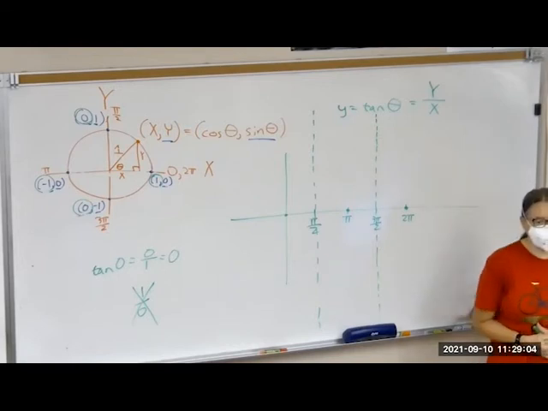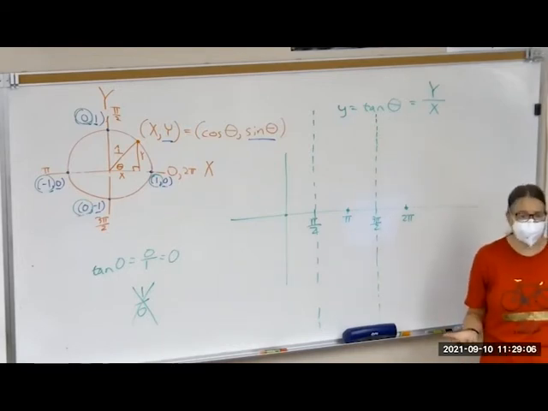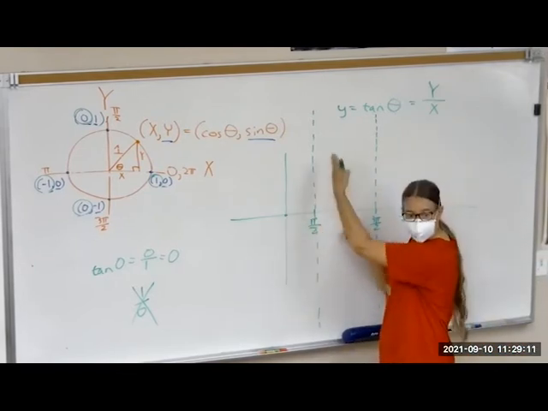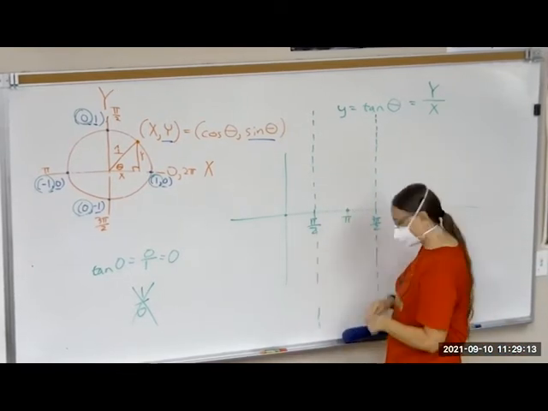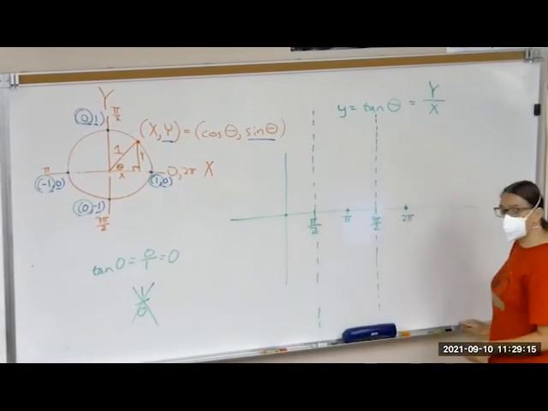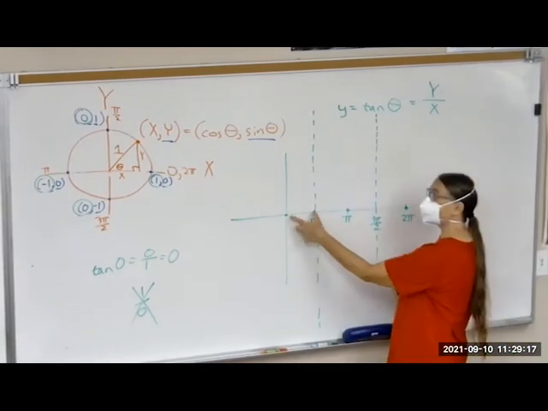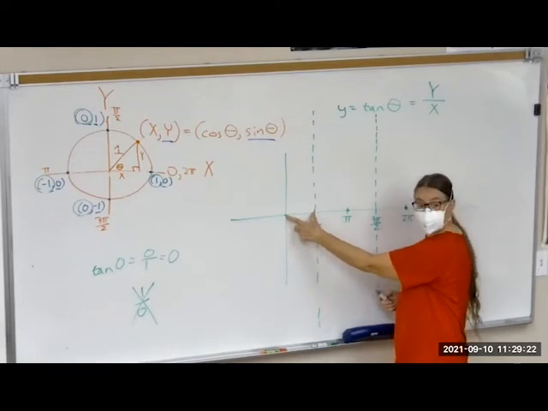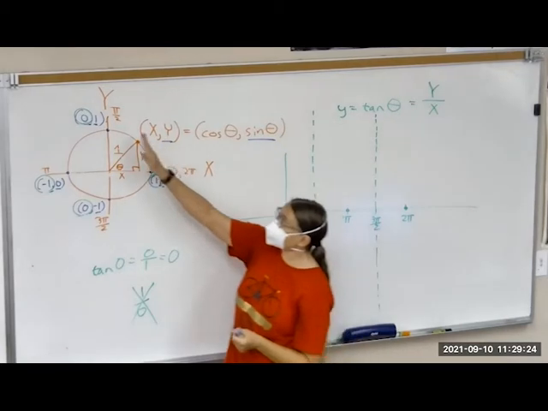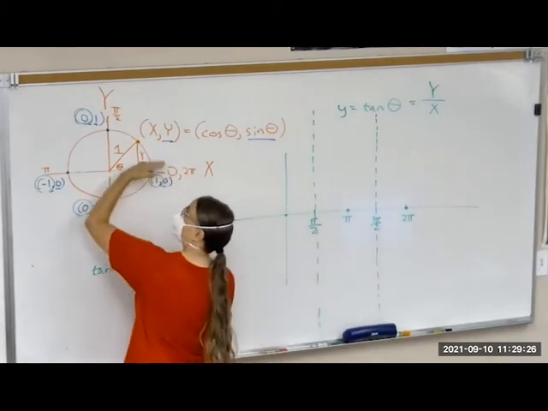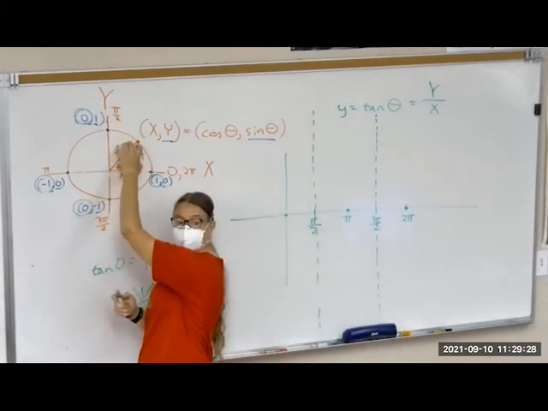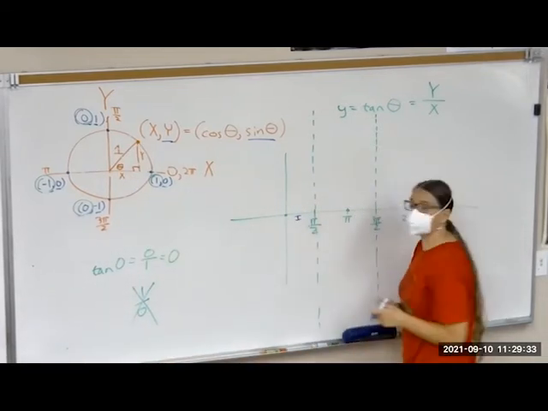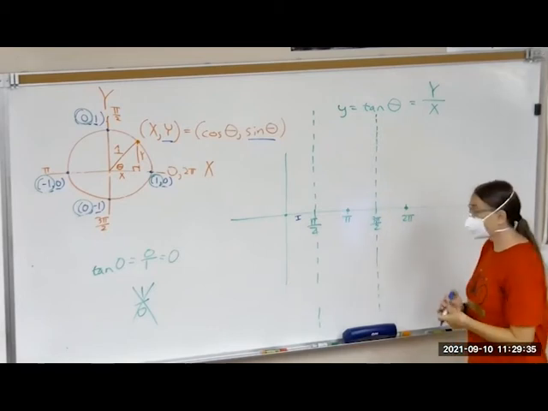And so usually at this point, I've plotted some points, and I see now it's time to connect the dots. Well, we can't really do that because this dot and this dot aren't going to connect because they've got an asymptote separating the graph into different pieces. I want to remember that this interval of angles, between 0 and pi over 2, corresponds to angles in quadrant 1.